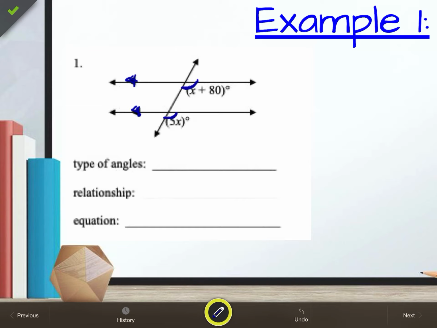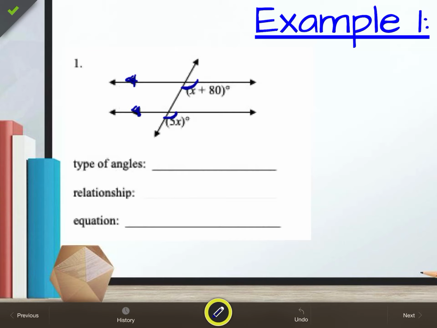So you need to look at those and decide, are they alternate interior, alternate exterior, corresponding, consecutive interior, or consecutive exterior? So I look and I go, okay, well, they're on the same side of my transversal, so that eliminates any alternates. Okay, they're not alternate interior, they're not alternate exterior.